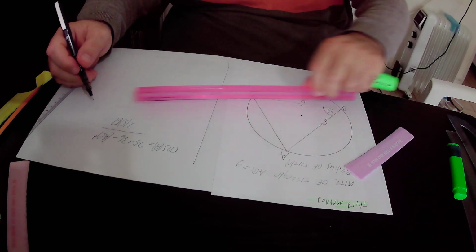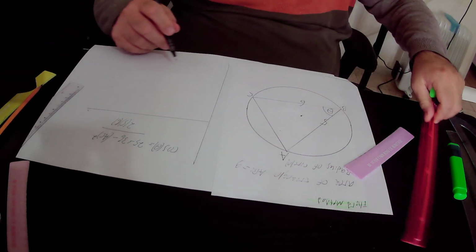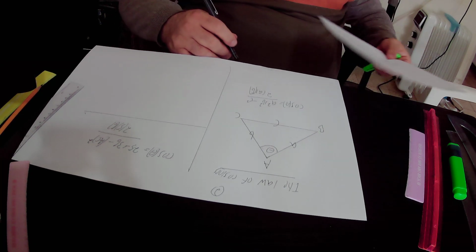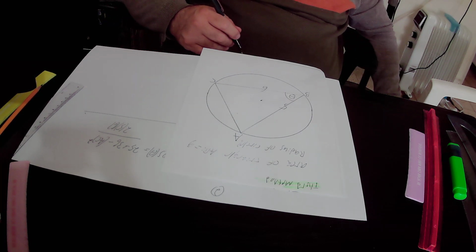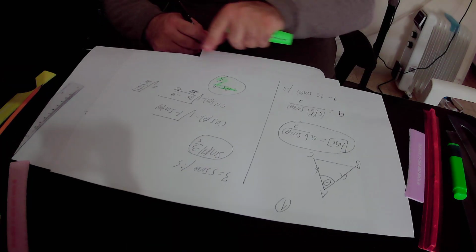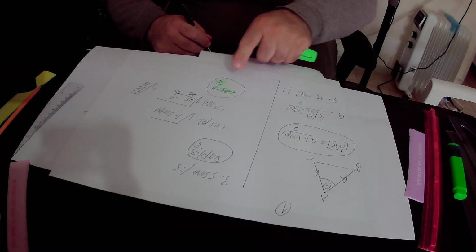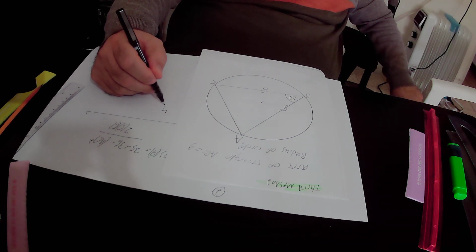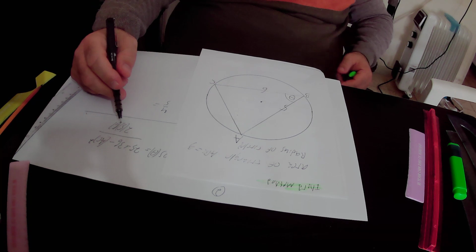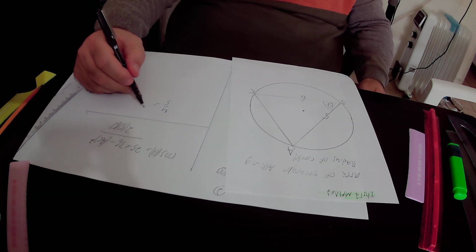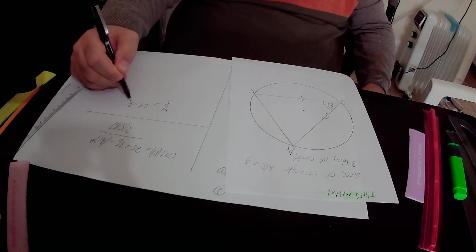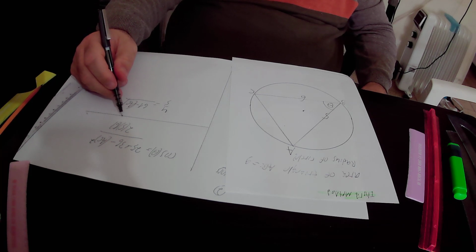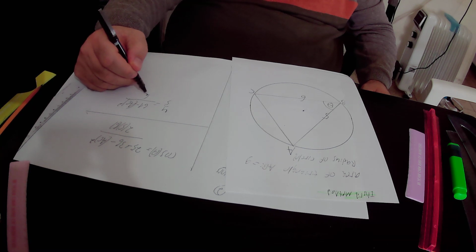We have already found that cosine theta equals 4 over 5, so we can substitute it. It is equal to 25 plus 36 is 61 minus AC squared over 5 times 6 is 30, and 30 times 2 is 60.